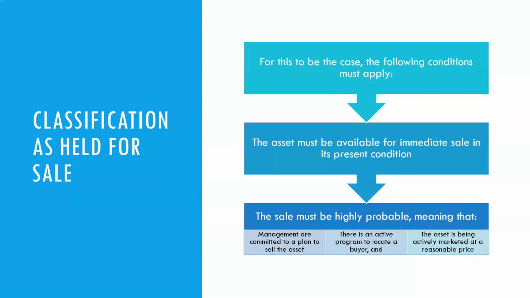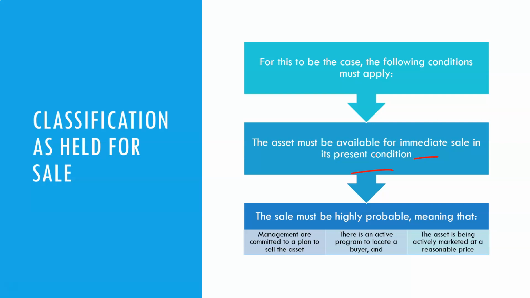And this is typically the cycle that we would expect, especially for these types of non-current assets. For this to be the case, the following must apply. The asset must be available for immediate sale in its present condition. So that's the point.